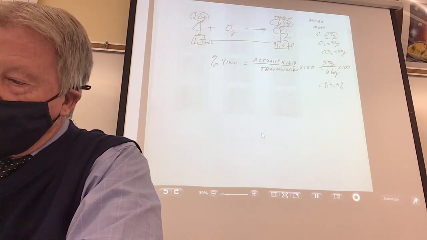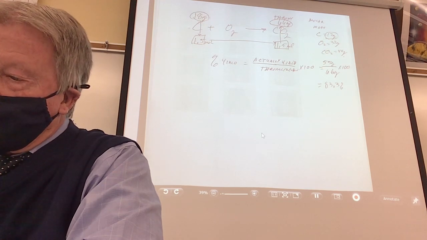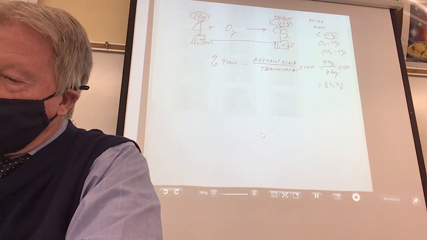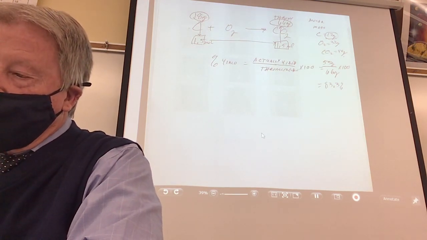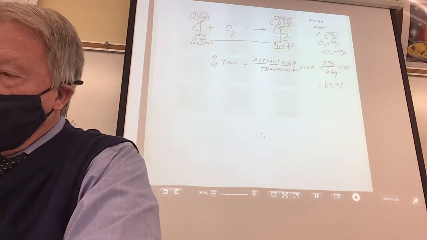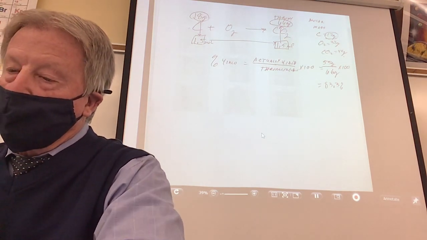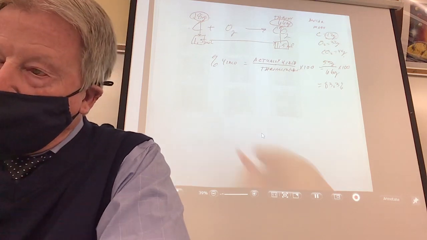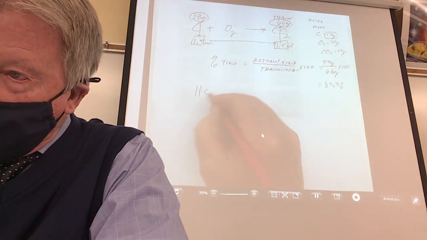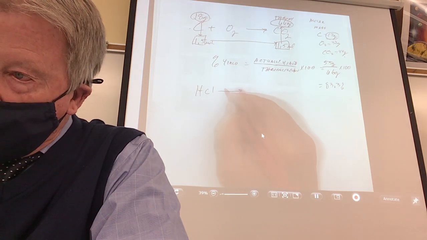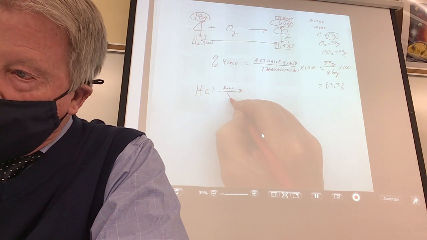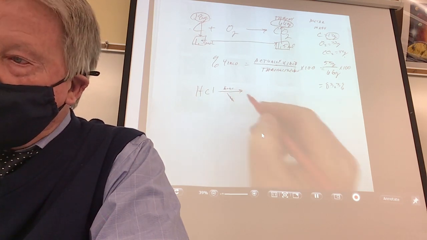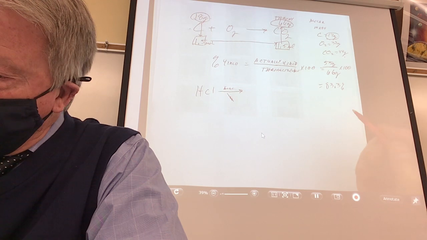Okay, so ignoring the... oh, that's not limiting reactant. Darn it. Wait, I don't know. Yes. No, it's the other way around. It's decomposition. It's HCl. That makes H and Cl, and you balance it. Okay, so it's 2 HCl.